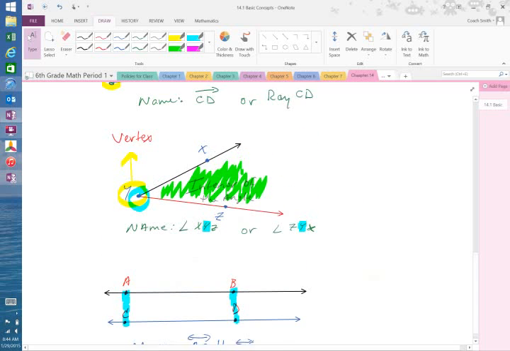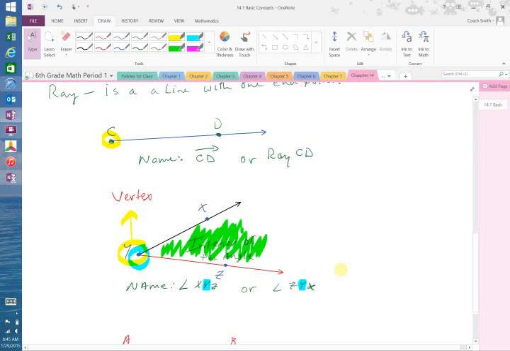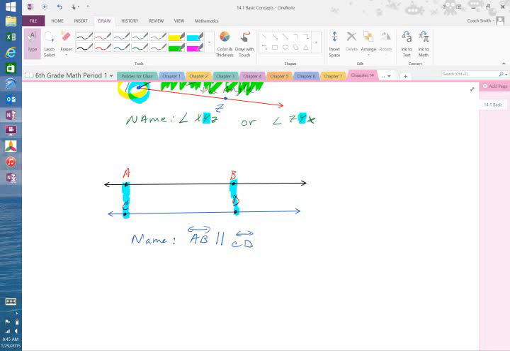So the symbol for parallel, I'll go back to that. The symbol for parallel is two lines that are standing up parallel. So line AB is parallel to line CD.